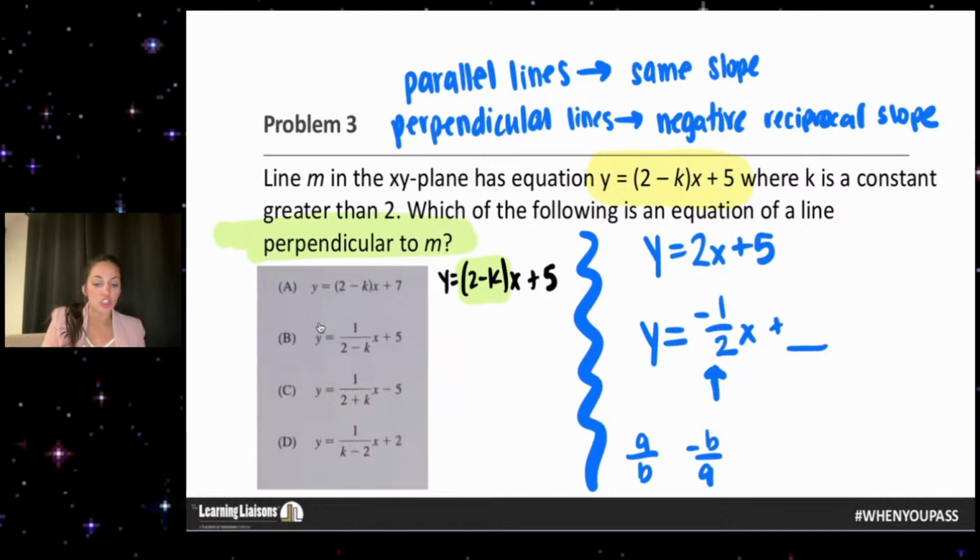Don't overthink it. You know the relationship. I need to take this slope and negate it and put it over 1. So instead of 2 minus k, it's negative 1 over 2 minus k. That's going to be my slope.